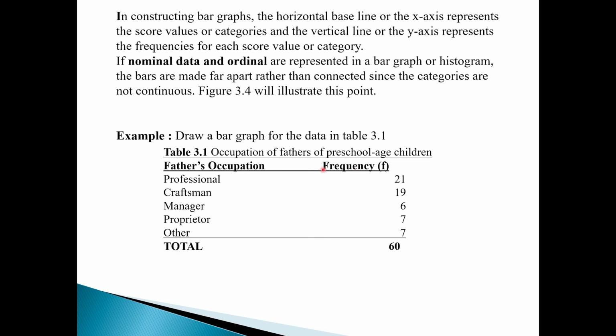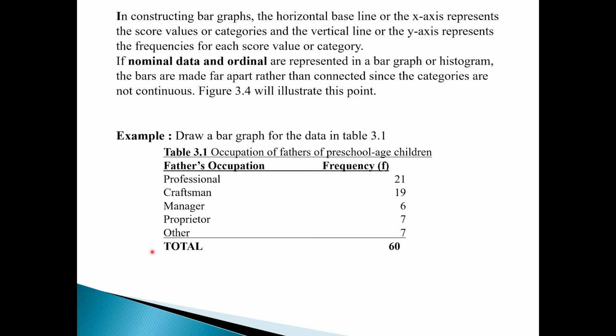Remember that your frequency is in the y-axis. And of course your x-axis should be your categories. For example, father's occupation: professional, 21, craftsman. This is the example previously.